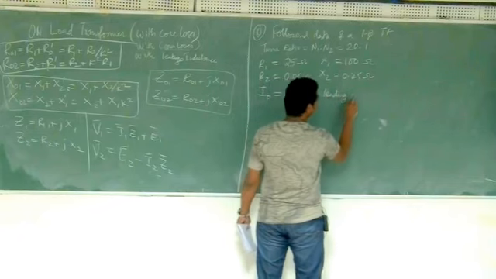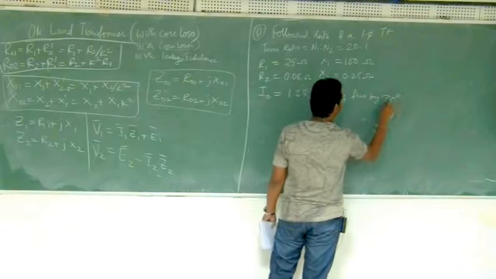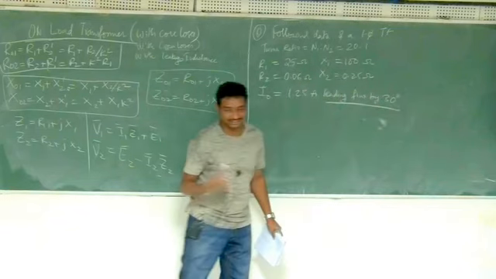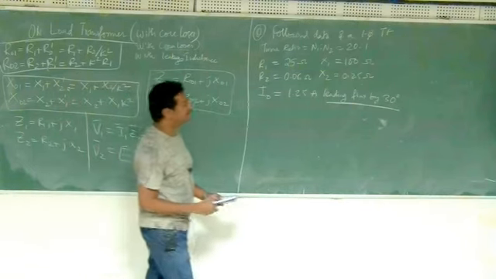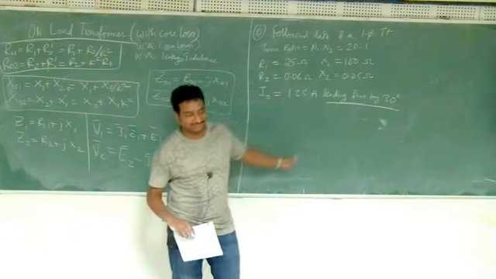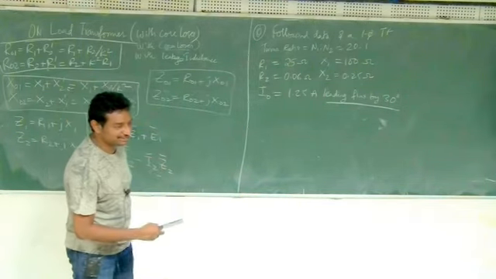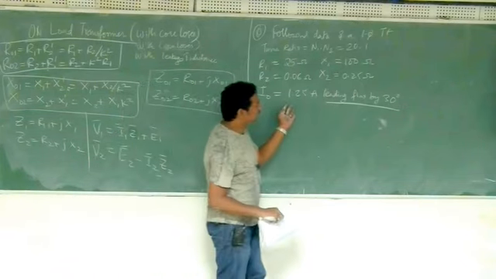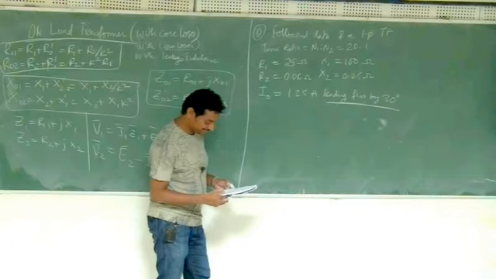This is just a confusing, roundabout way of telling the same thing. So what is actually the angle between V1 and I naught? 60 degrees. They are just confusing you on basics. That's the way they framed the question. So don't get confused.